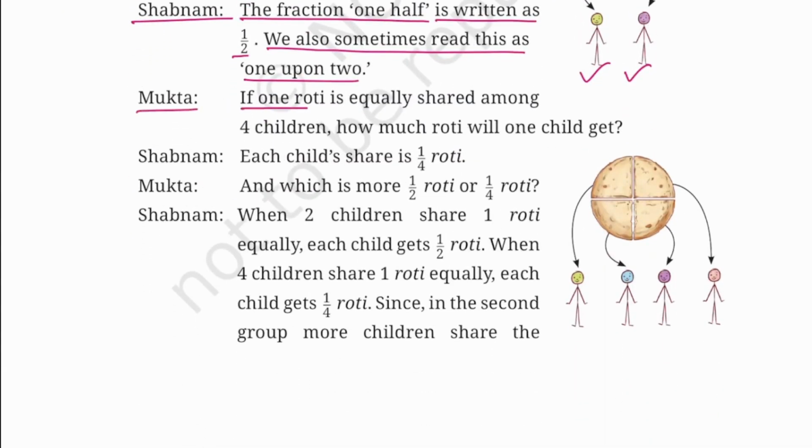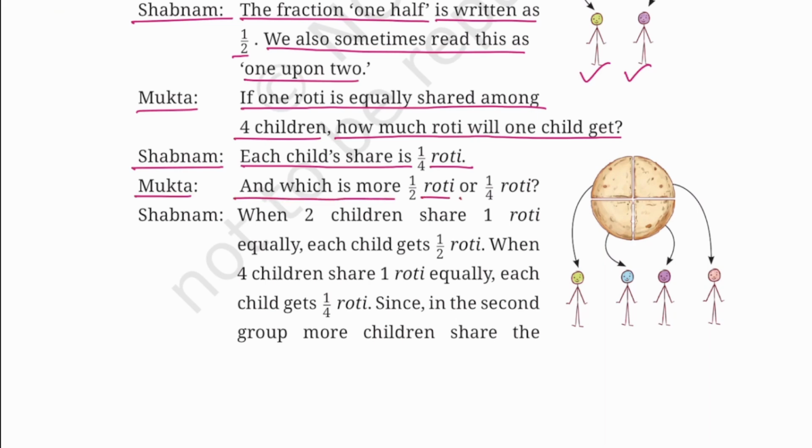If one roti is equally shared among 4 children, how much roti will one child get? Each child's share is 1 upon 4 roti. Which is more, 1 upon 2 roti or 1 upon 4 roti? When two children share 1 roti equally, each child gets 1 by 2 roti.